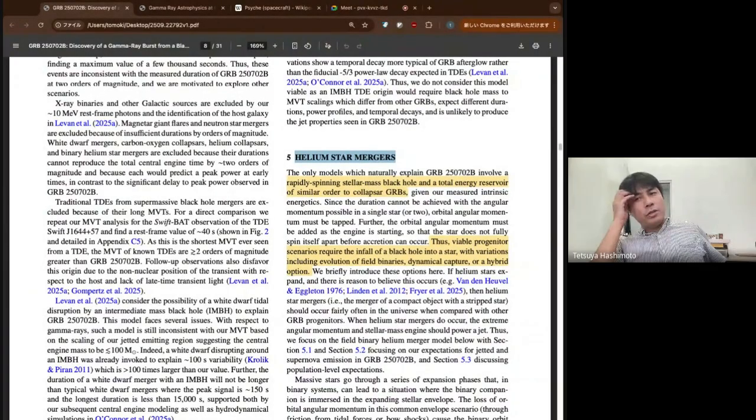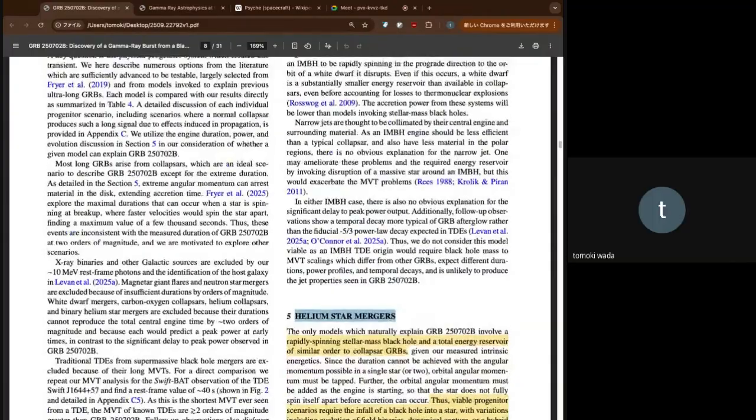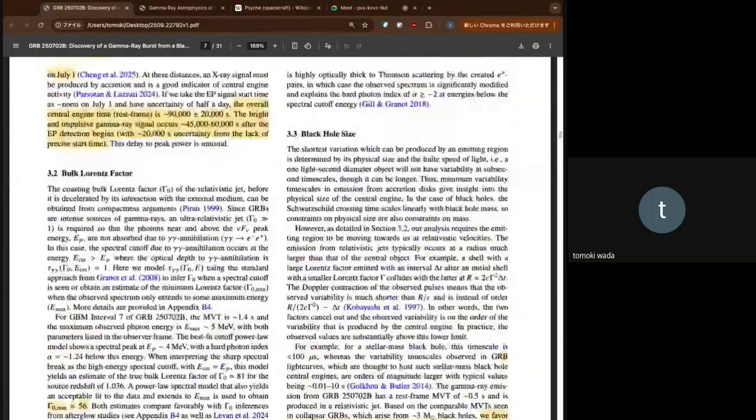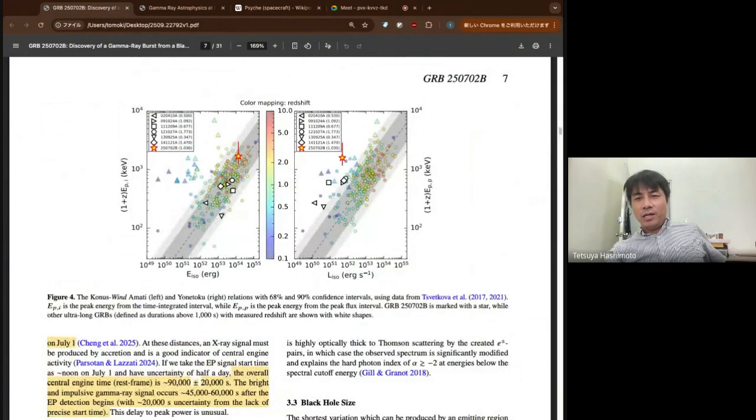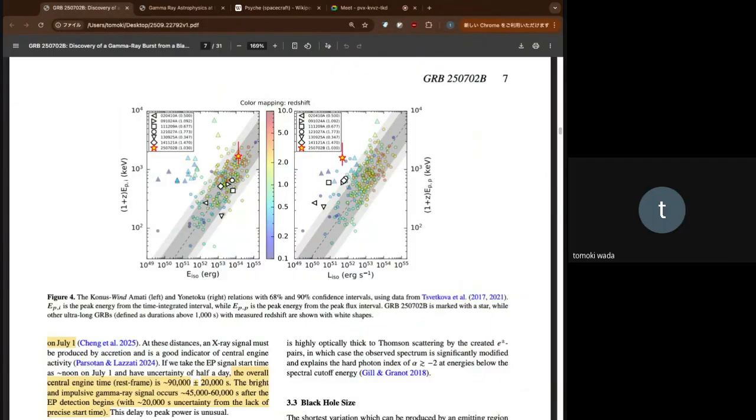So if that's the case, maybe comparison in the Amati relation may not really make sense. We are comparing two different things in the same figure. Yes, for comparison we can, but actually we are comparing two different progenitors, maybe. Yes, I think so.